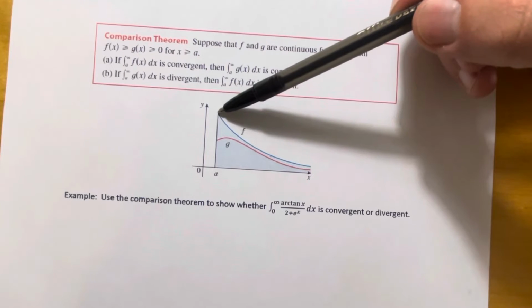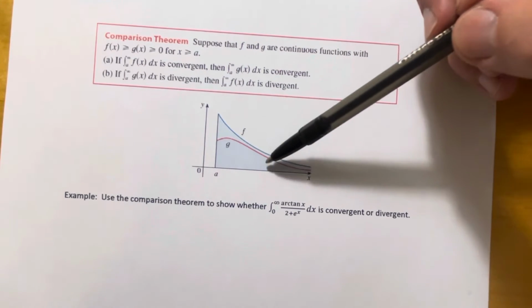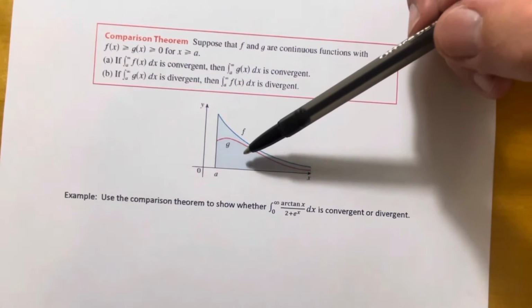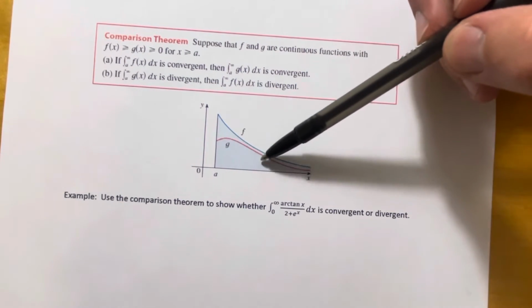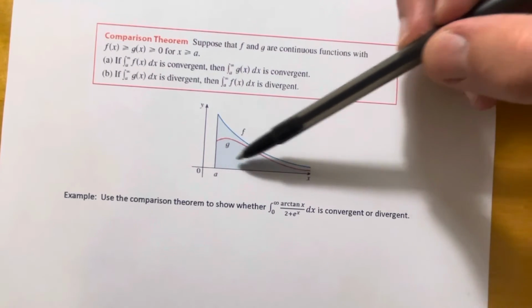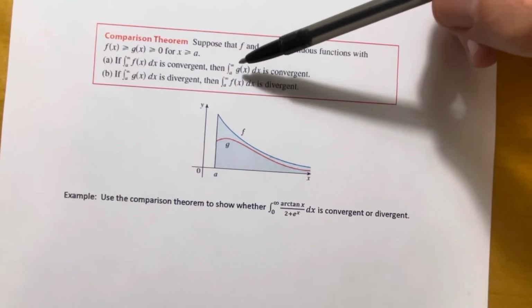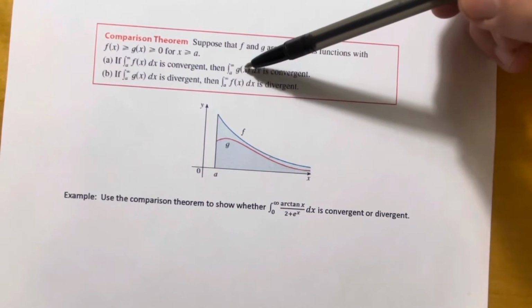So if the region under f is finite, then g could not be giving me an infinite area if it's smaller than the area given by f. So that means g also has to give me a finite area if I take its integral from a to infinity. That's the reason why this would imply that the integral from a to infinity of g of x dx is also convergent.